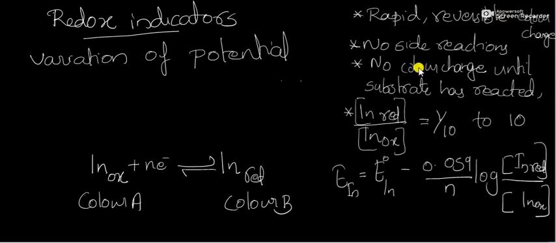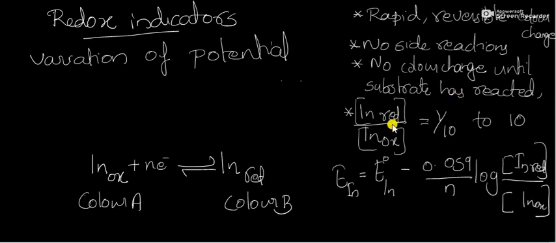Then the third one, it must not begin to change color until the substrate has virtually reacted, and its color change must be completed before any appreciable excess of the titrant appears in the solution.